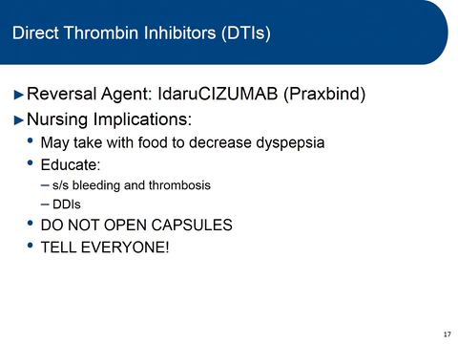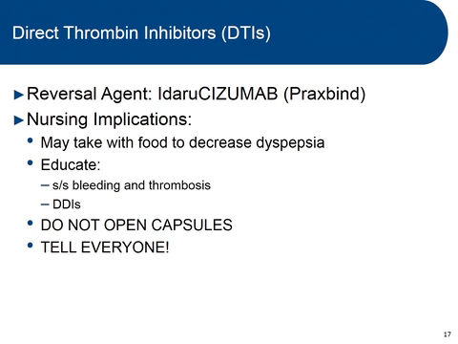So these patients must be educated not to open the capsules. Now, you might think, well, they just won't do that. That wouldn't occur to them. The problem is there are other capsules that we can open and pour over food to make it easier to swallow. So if they're on another medicine where they're able to open the capsules, they might think it's okay to do for this drug, but you have to educate them that it is not acceptable.